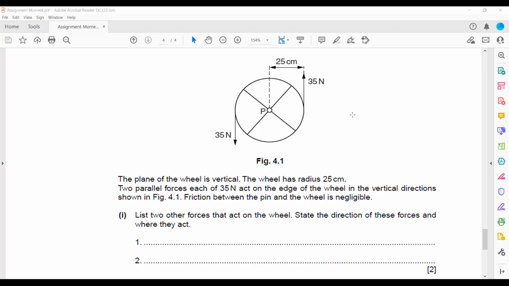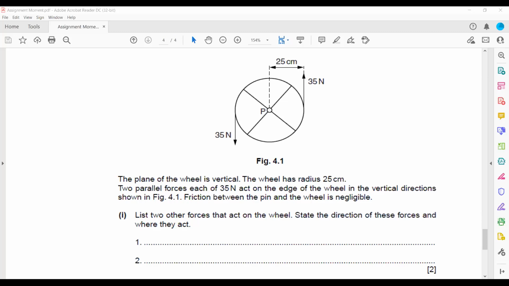Two parallel forces, each of 35 Newton, act on the edge of the wheel in vertical directions as shown in the figure. The friction between the pin and the wheel is negligible. List two other forces that act on the wheel and state the direction.